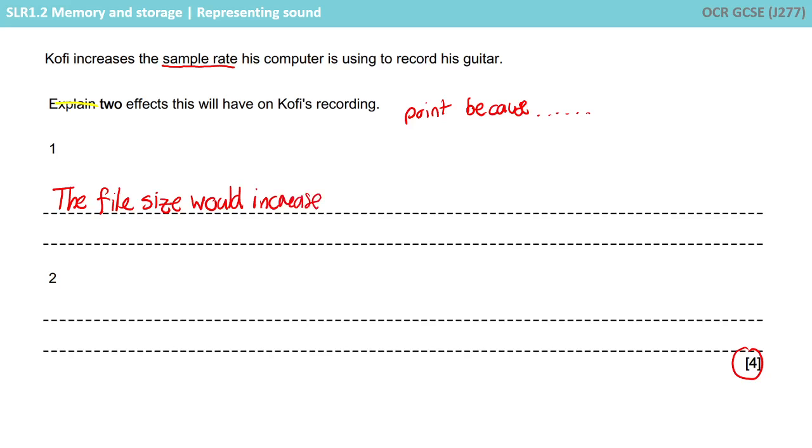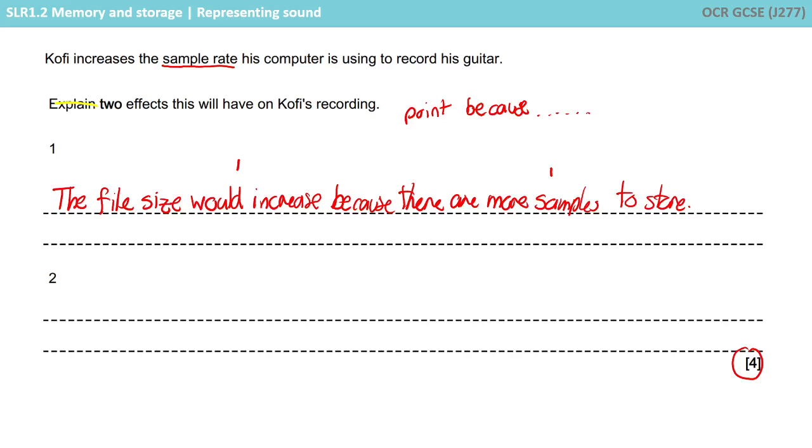You get a mark for that. We don't get the second mark until we've explained why. Because there are more samples to store. 2 marks. So the file size would increase, there's your 1 mark, because there are more samples to store. 2 marks.